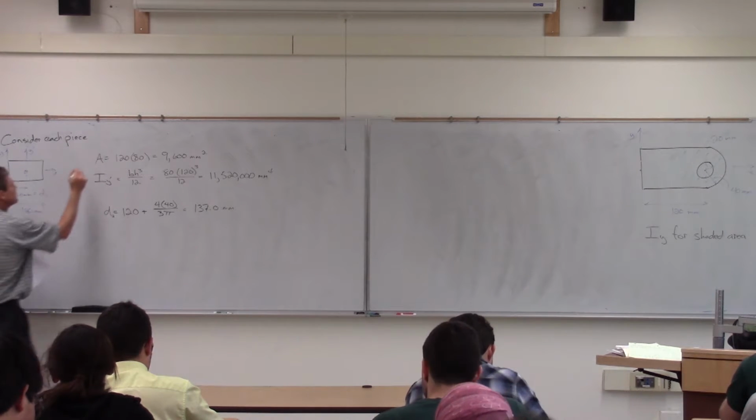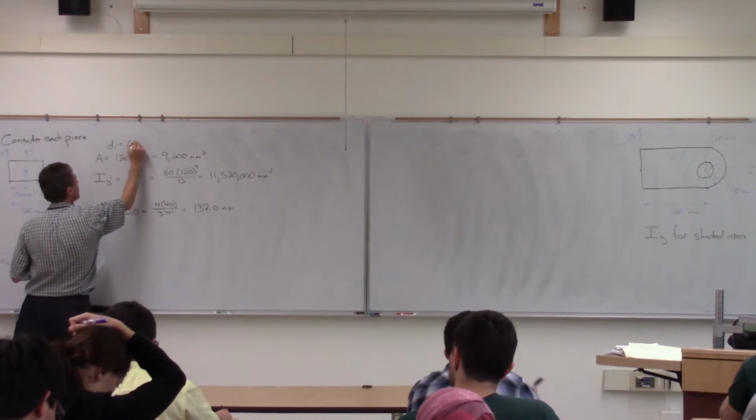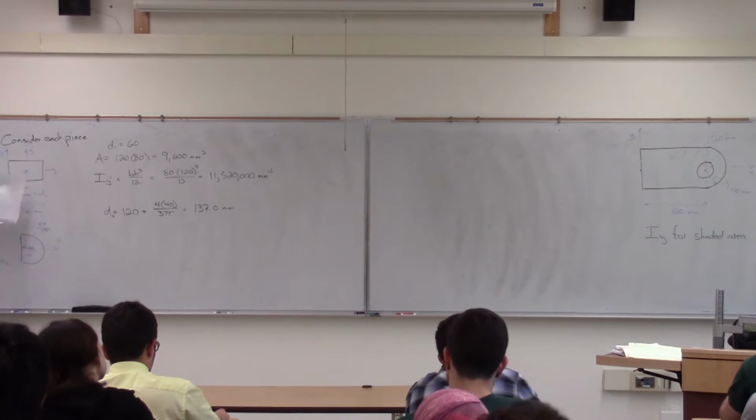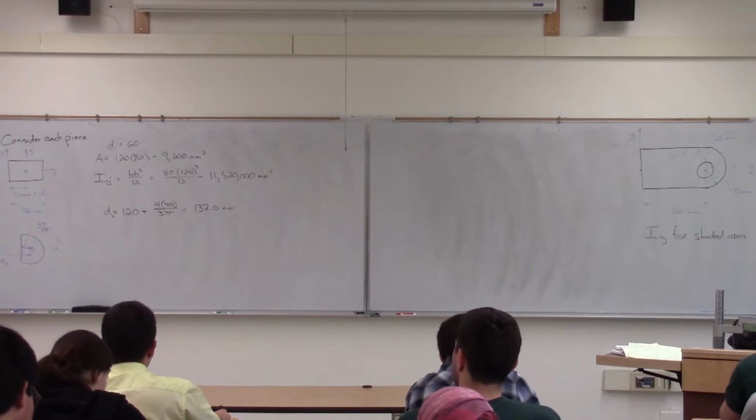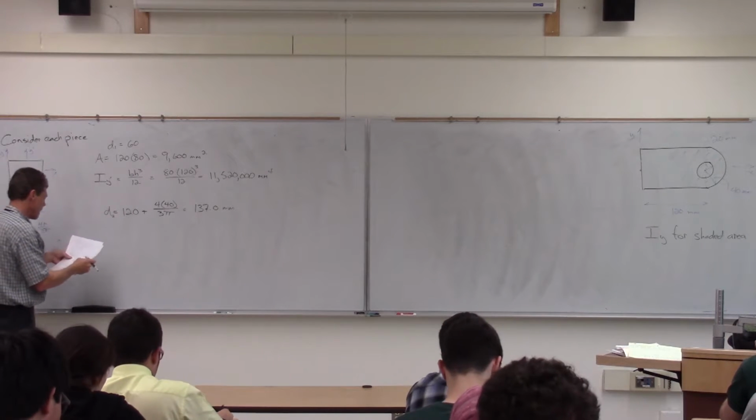And the one thing we didn't put up here, but the D1 is 60 to that axis. So those are the 3 things we need in terms of using that equation: the D, the A, and then the I naught.